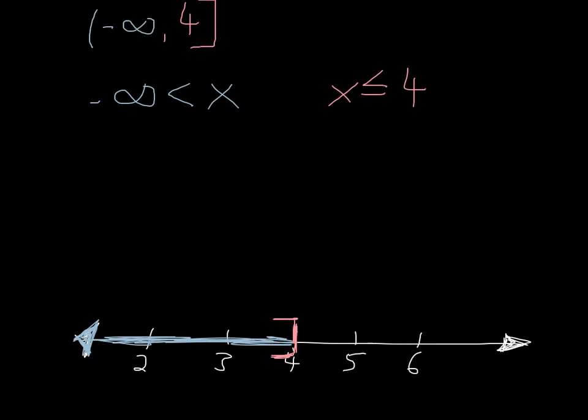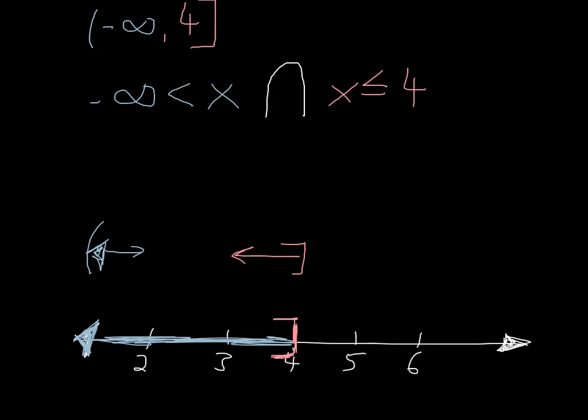If it were or, if we put a union in there, x greater than negative infinity would take up all real numbers. So instead, it's going to be the intersection of everything that is less than 4 and everything that is greater than negative infinity.